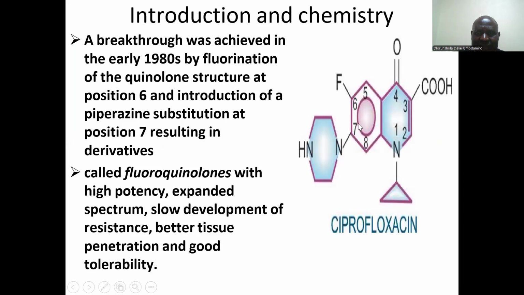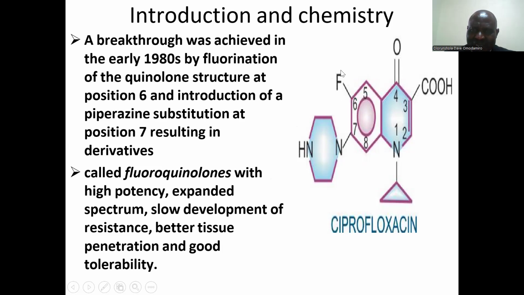Yes, just as we have said, this is the structure. So this is a typical example, ciprofloxacin, especially the first generation of fluoroquinolone is ciprofloxacin. And this is the structure. This is the fluorine that is attached at the 6 carbon, and also the piperazine that is attached at the 7 carbon position.